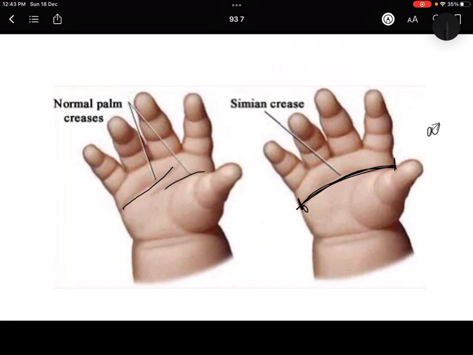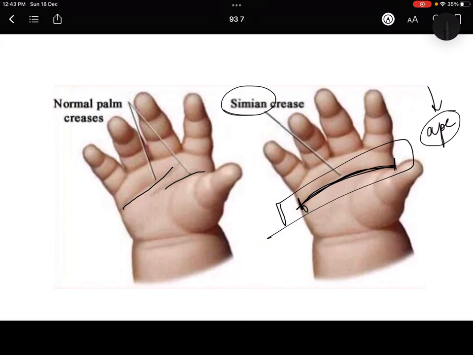Simian means monkey and ape-like, right? So we see this typical simian crease on them, and it is present in the person who has Down syndrome.